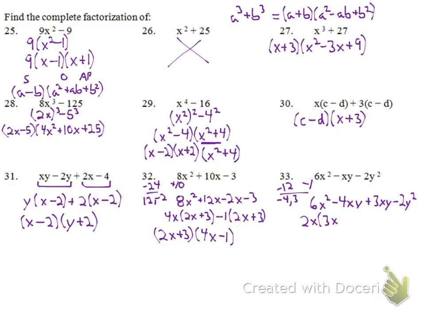Leaves me with 3x minus 2y. I can take out a y from my second two, leaves me with a 3x minus 2y. They both have 3x minus 2y in common. That comes out. I'm left with 2x plus y as my final factored answer.